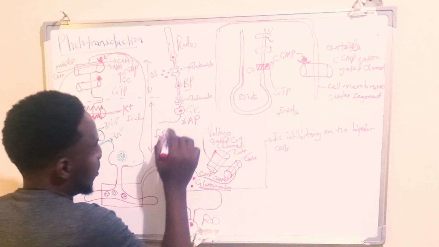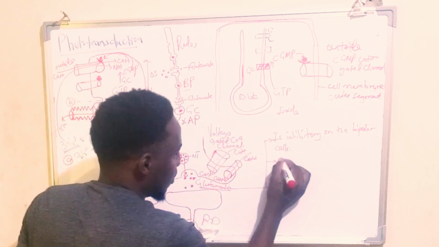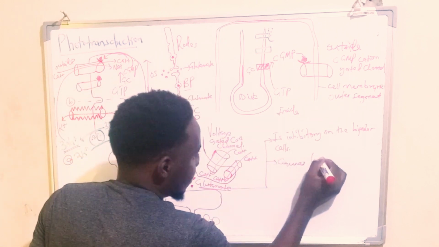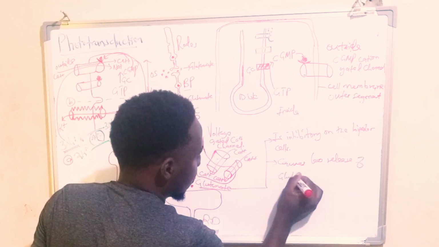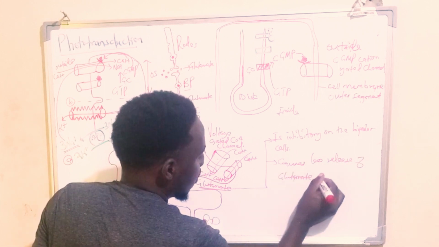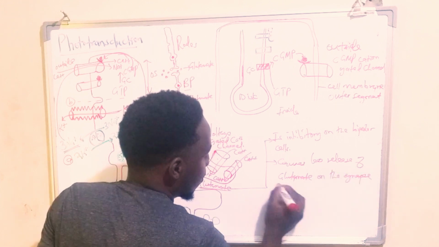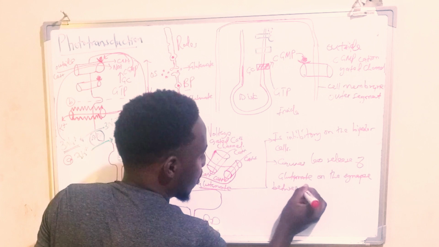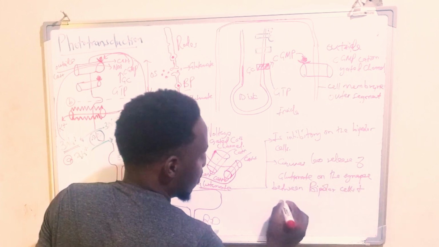So there is less release of glutamate on the synapse between bipolar cells and ganglionic cells.